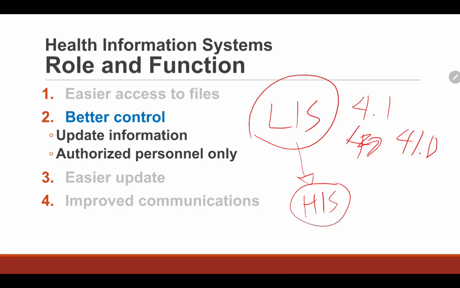The RadTech has the access, but the RadTech does not have access to patient information in the laboratory part. Okay? So, this is one of the roles and functions of the HIS: to have better control.